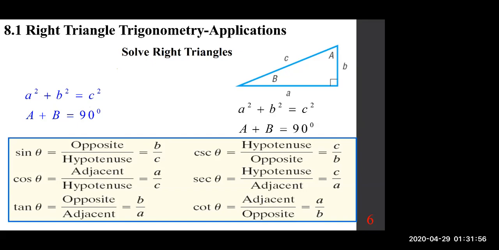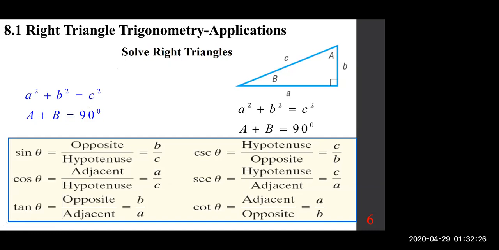So, let's see what we know already from before, whether we had trigonometry or not. Generally speaking, we use capital letters to represent the angles and lowercase letters to represent the sides. So let me use my pen here to show something.